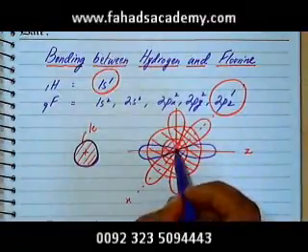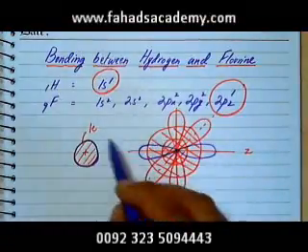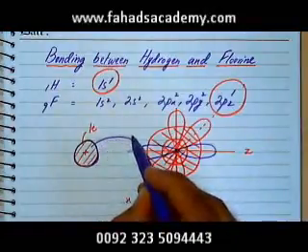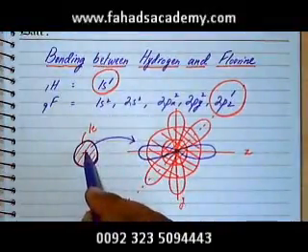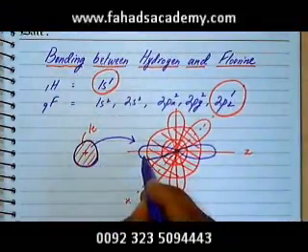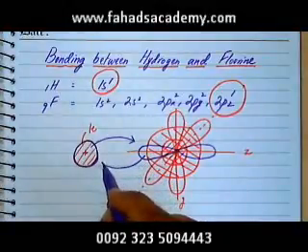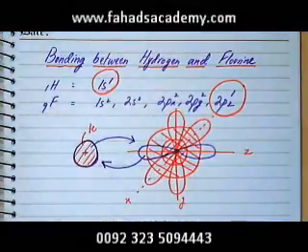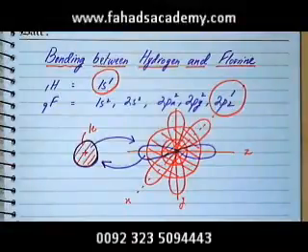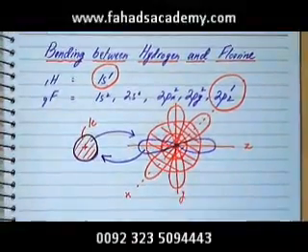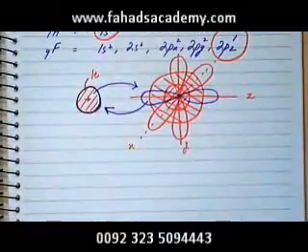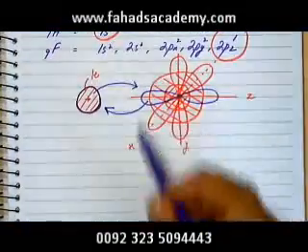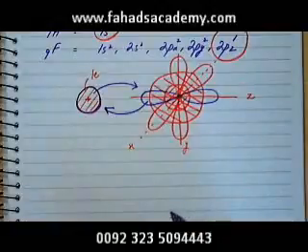So the nucleus of the fluorine atom is going to attract the electron from this side, whereas the nucleus of the hydrogen atom is going to try and pull the electron in the half-filled orbital towards itself. So the two atoms are going to try and pull electrons out from each other. So let's redraw this, and let's forget all the other orbitals because they weren't even involved in bonding.